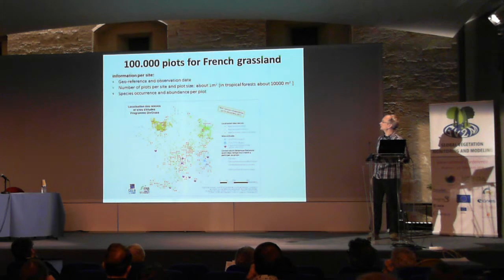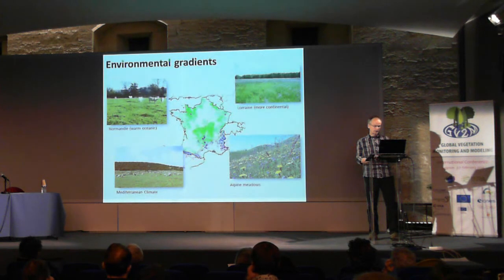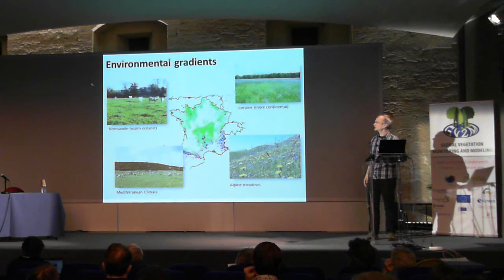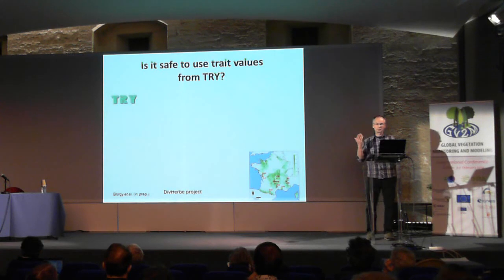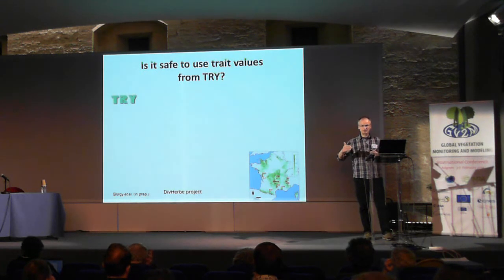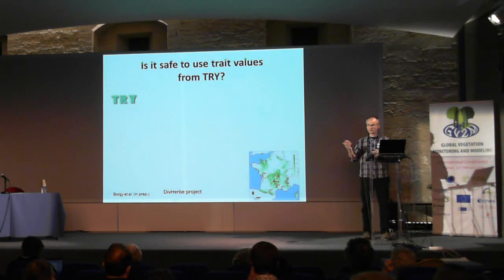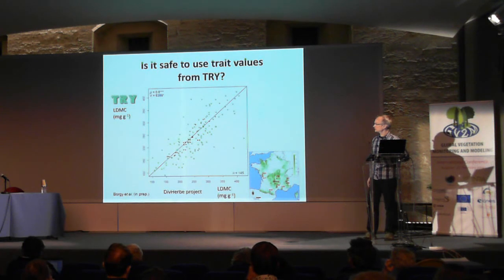In France we have 100,000 of those plots for grassland all over France. France is a good case study because there are large environmental gradients across France, from Normandy to alpine meadows and Mediterranean climate. We take the vegetation plot with the species list. We don't have trait measurements from that place, but we take the TRY trait database, which is species by species.